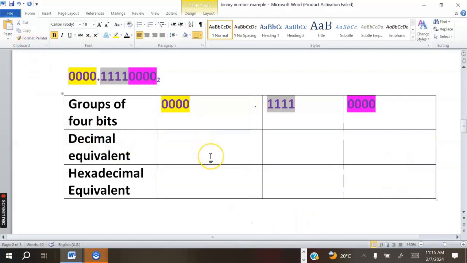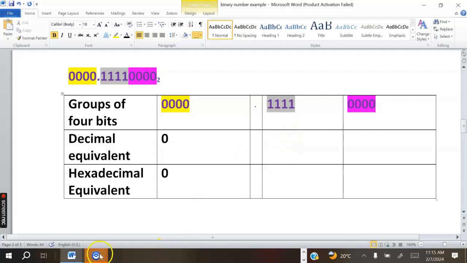Okay, the next step is to get the decimal equivalent. The decimal equivalent for 000 is actually 0. And this is equivalent to a normal 0. Then we have this one, 111.